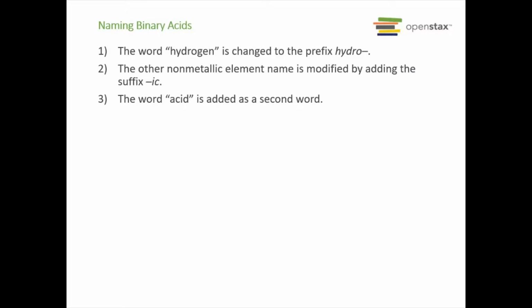So a binary acid means you just have hydrogen plus one other element. For example, HCl. If you were to see HCl and then in parentheses AQ, AQ means aqueous, so that means it's in water.